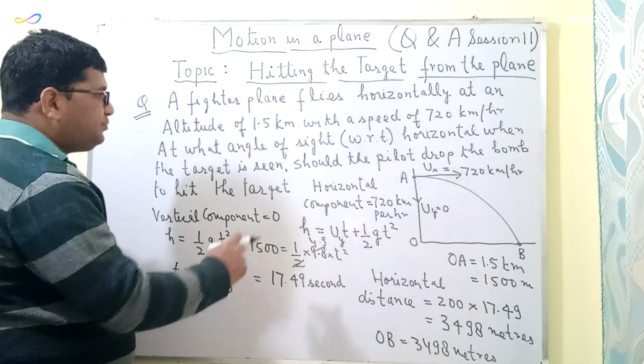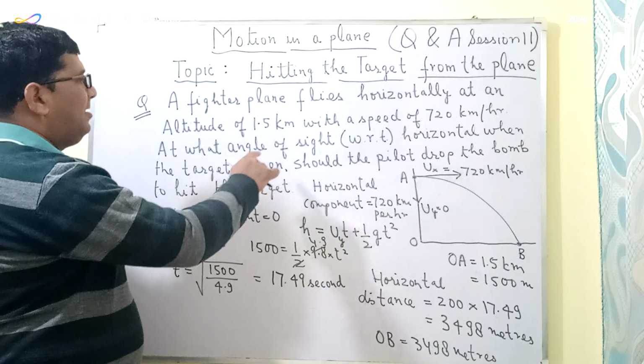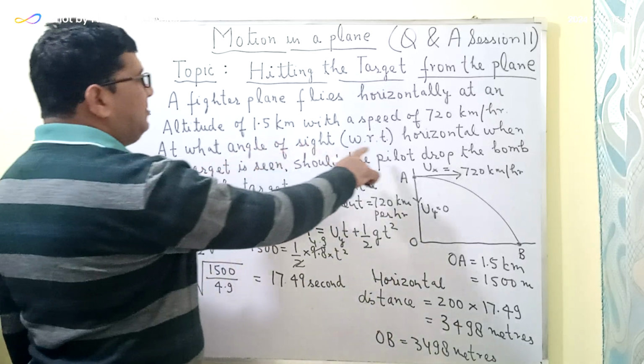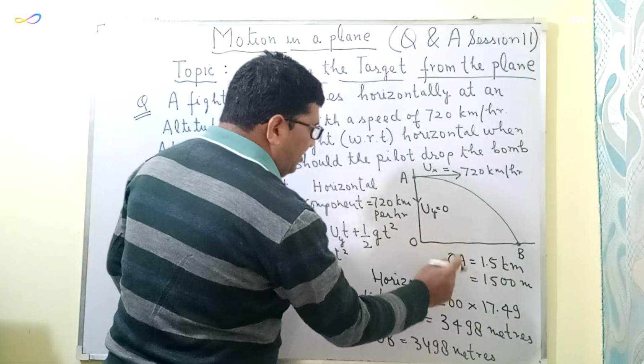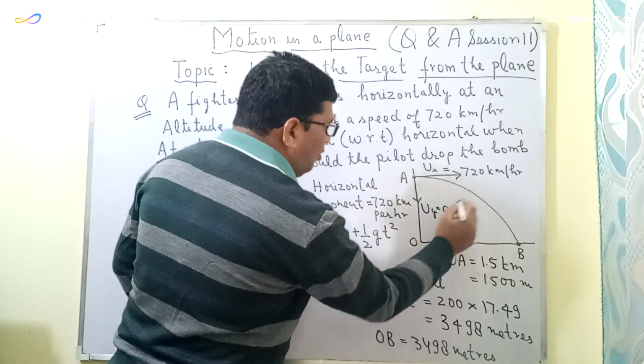Now here we have to find the angle of sight with respect to the horizontal. We have calculated this distance, that is, OB is known to us.